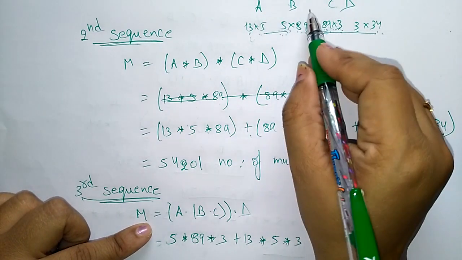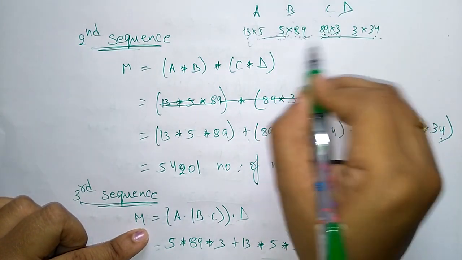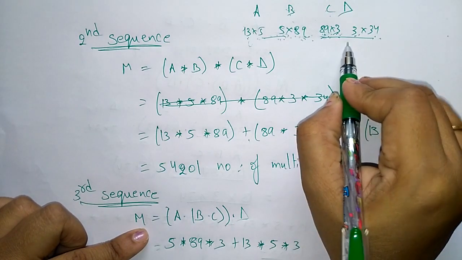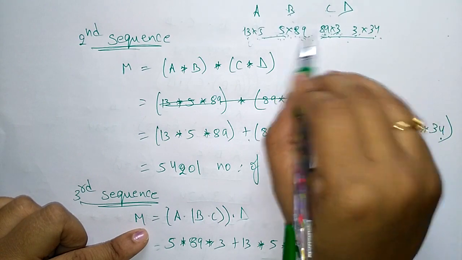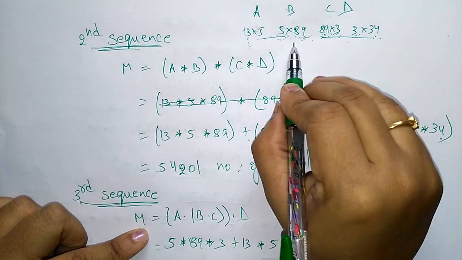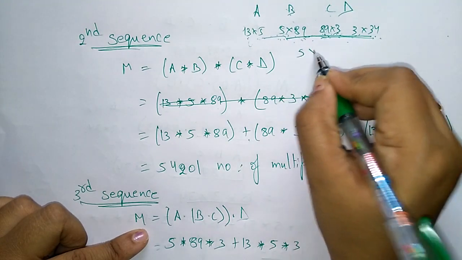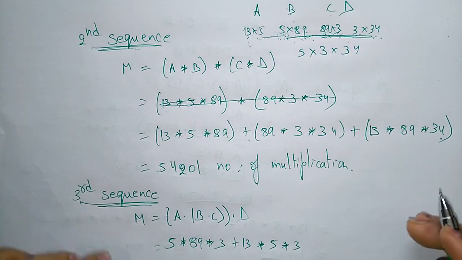So instead of 5 into 89 into 89 into 3, just take only one size. When you multiply these two, both have the same value, so you have to take only one. So whenever you multiply these, you just skip this size and take the rest. So from these we take 5 into 3 into 34, just skip the 89.